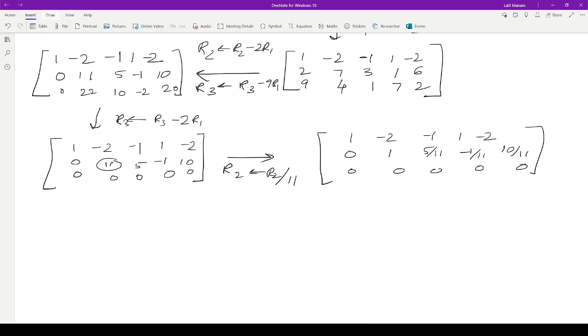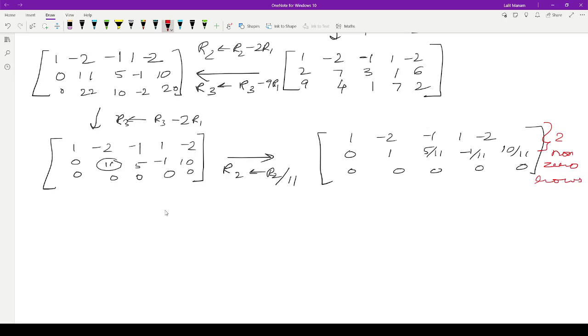So as we can see, we have two non-zero rows. So it means that we have two free variables. We can only determine two variables, and the total number of variables is 4.